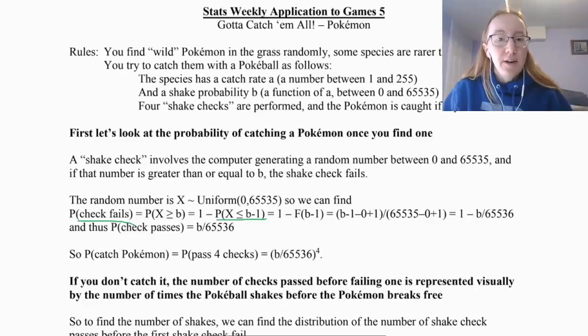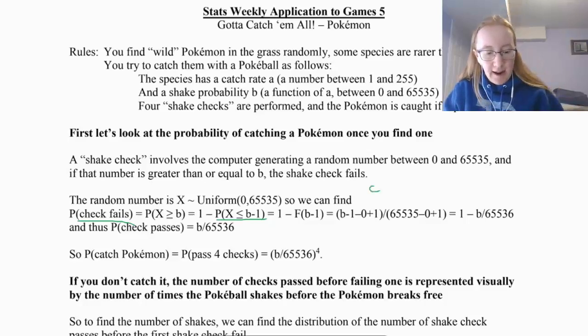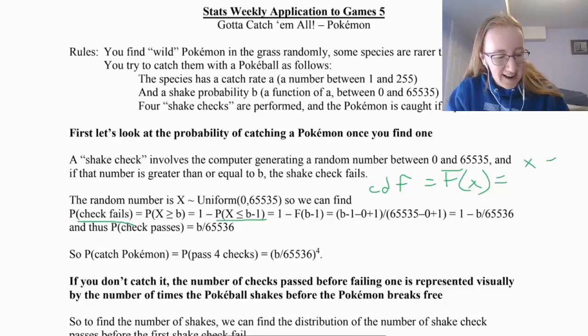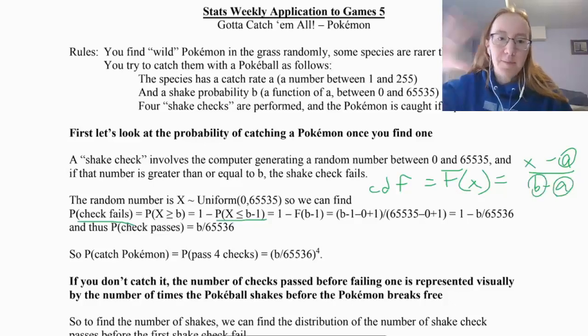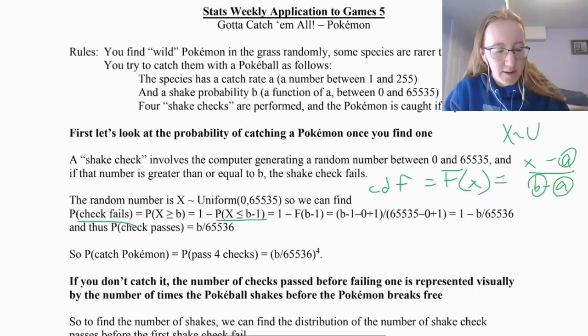Cool. Well, we know that the CDF of a uniform is F of X equals X minus A over B minus A, where A and B are not the A's and B's from the Pokemon here, just A and B if X is uniform on A, B. So we're just going to sub those numbers in here.